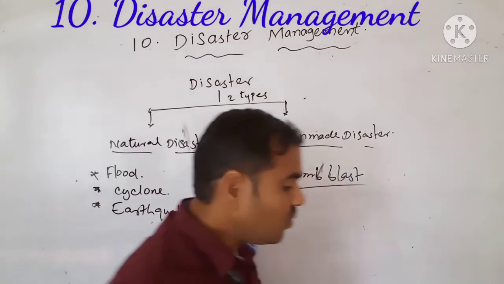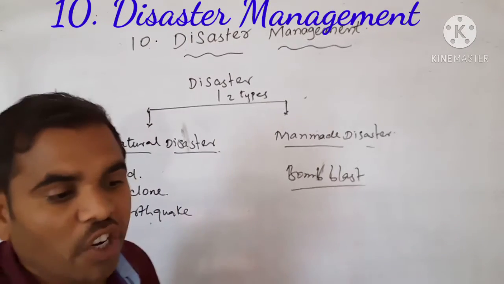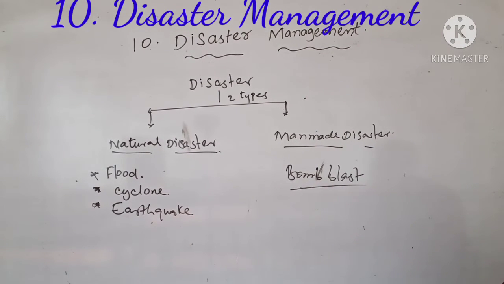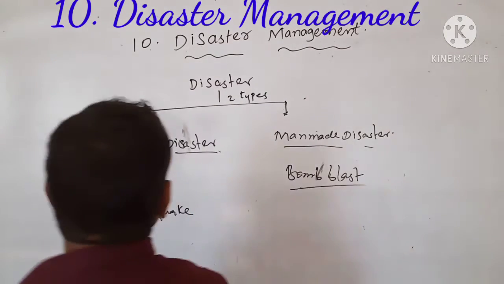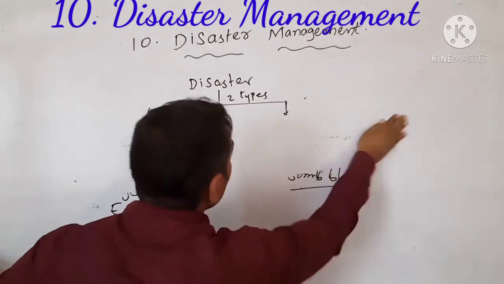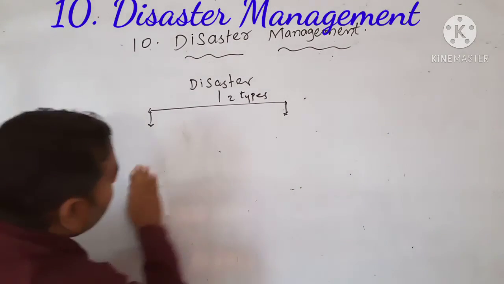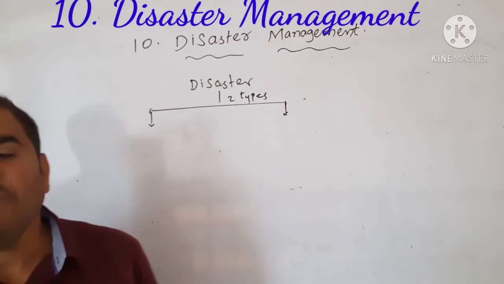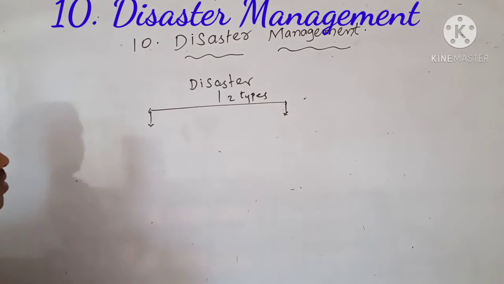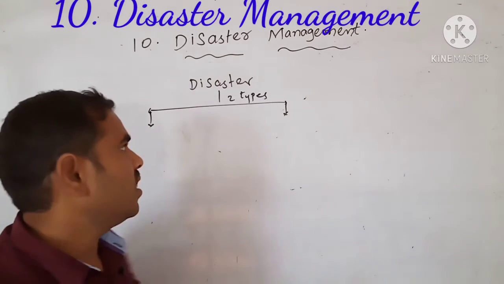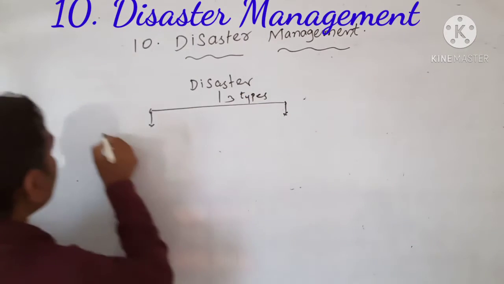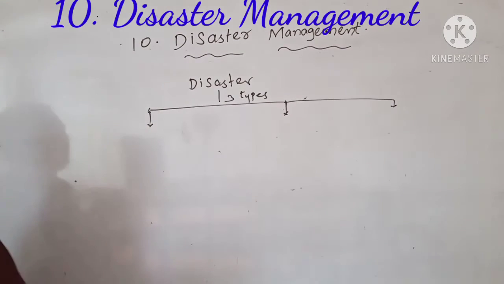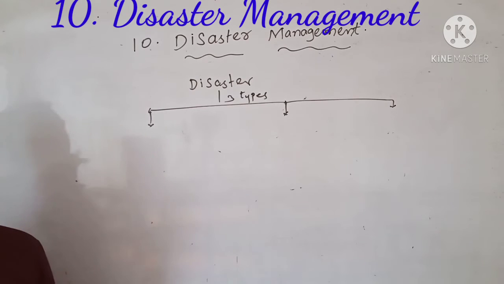Next we have to learn the types of disaster. Sorry, I said diseases; it is types of disaster. Here, there are three types of disaster. What are they? First is geophysical disaster.